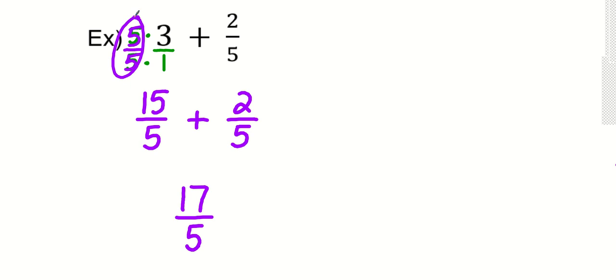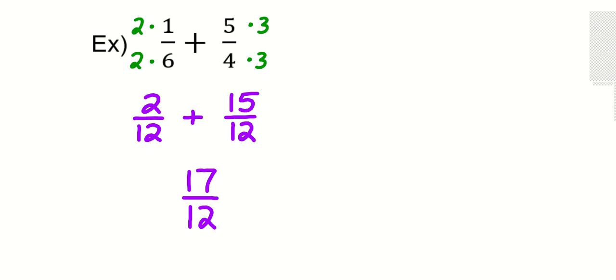It's 1. Whenever you multiply something by 1, you're not actually changing it, which is why it's okay. Multiplying top and bottom by 2 is like multiplying the entire fraction by 2 over 2, which is like multiplying by 1, which is why 1/6 and 2/12 are the same fraction. It's like I was multiplying 1/6 by 1.